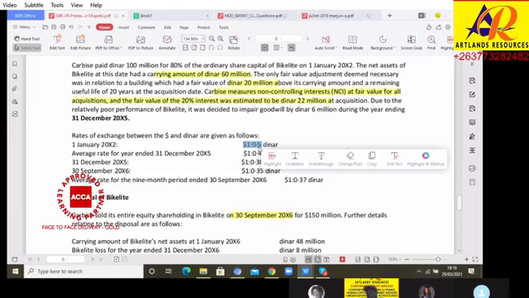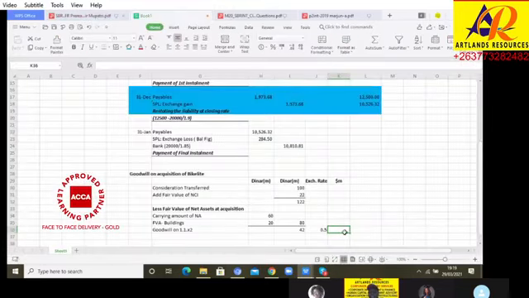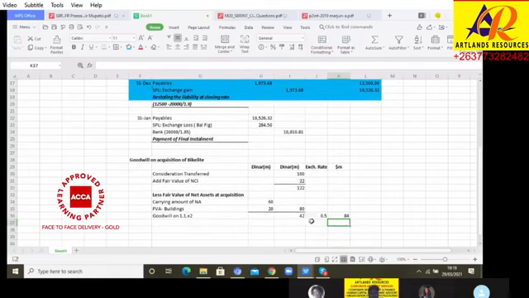The rate is telling you that dinars are fewer than dollars, so you must get more. And you don't get more by multiplying in this case. You get more by dividing. So goodwill was 84 on the date. So this is how you go about it.